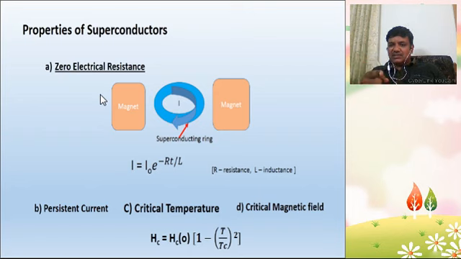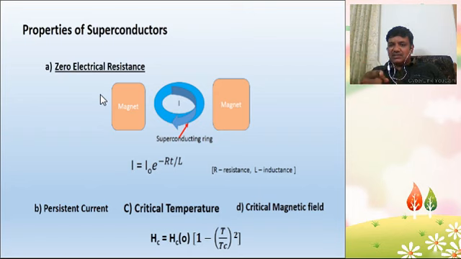There is one particular magnetic field called the critical magnetic field, and if it is applied, it will change the superconducting state to a normal conducting state. The relation between the critical magnetic field and the critical temperature is given here, where Hc at a particular temperature T is equal to Hc0, the critical field at 0 Kelvin, into 1 minus (T by Tc) squared.